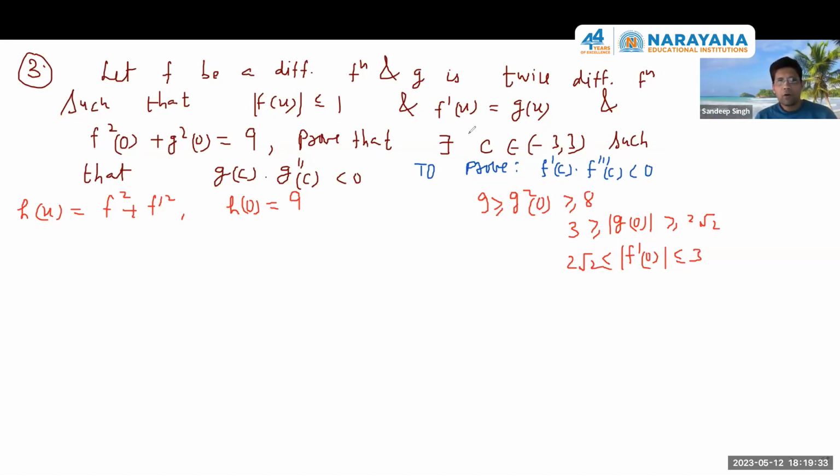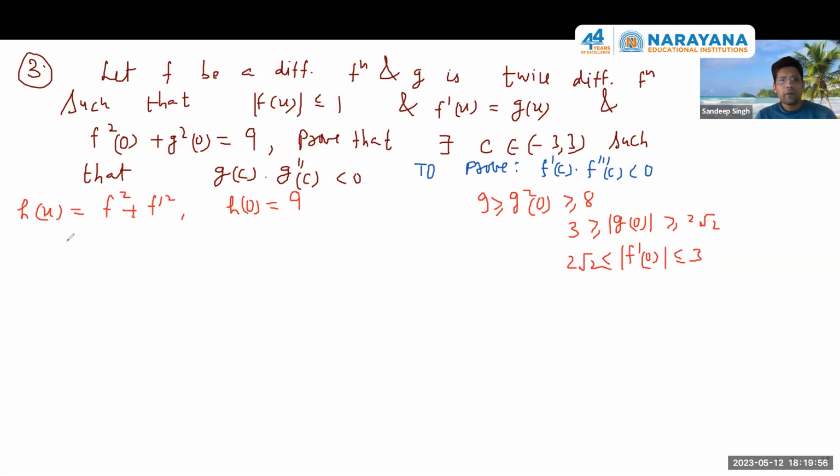Since F dash is involved over here, which is nothing but G, can I apply LMVT? There is a hint of LMVT also, because unless you have some information on F dash, you cannot proceed any further. So in which domain do you want to apply LMVT? Tell me.